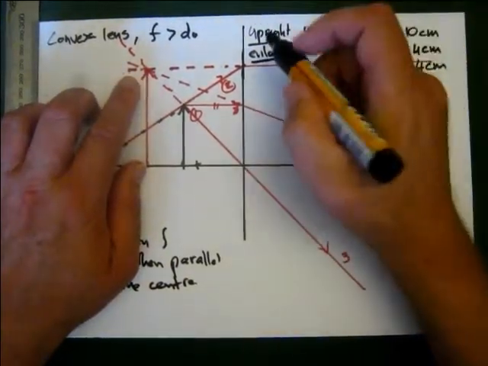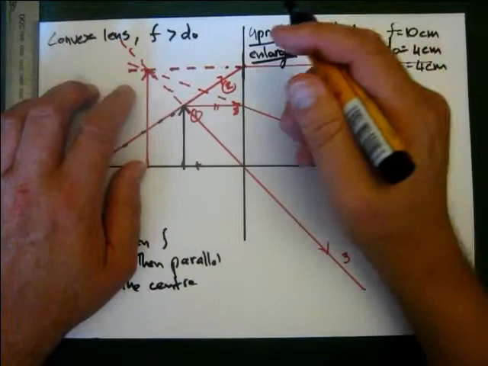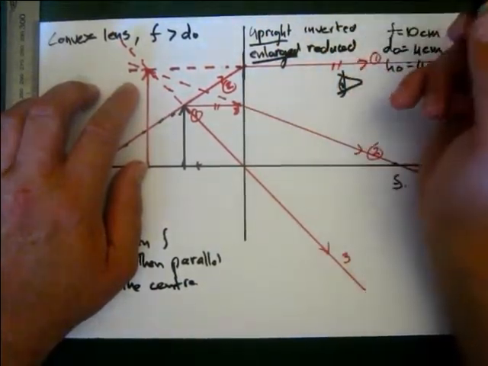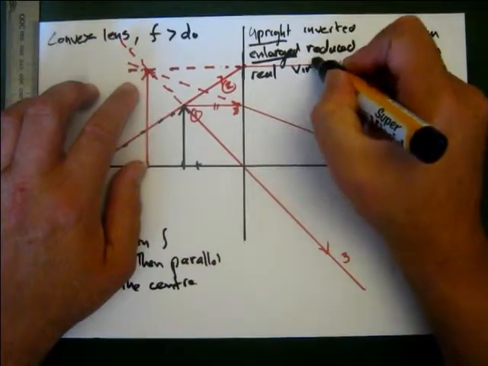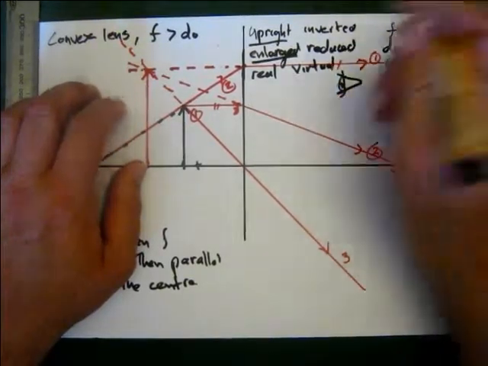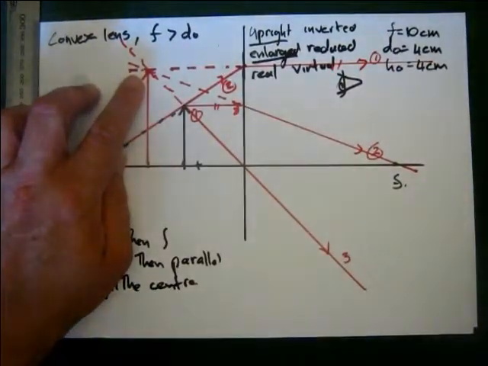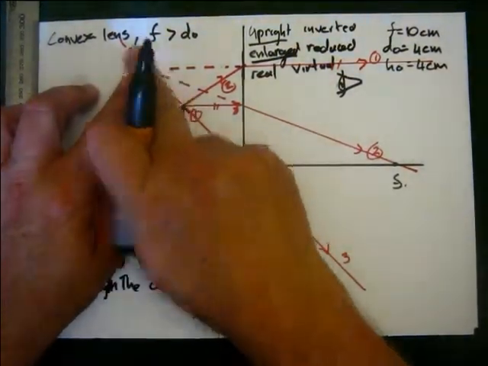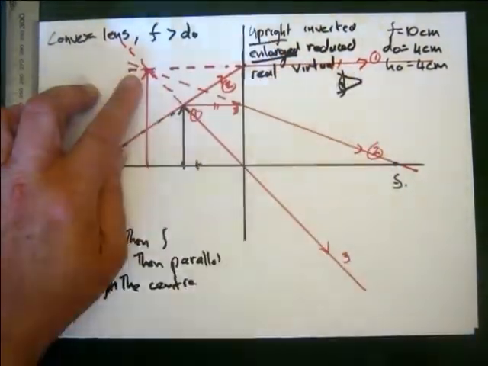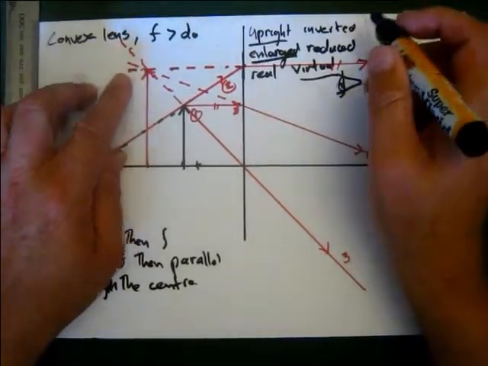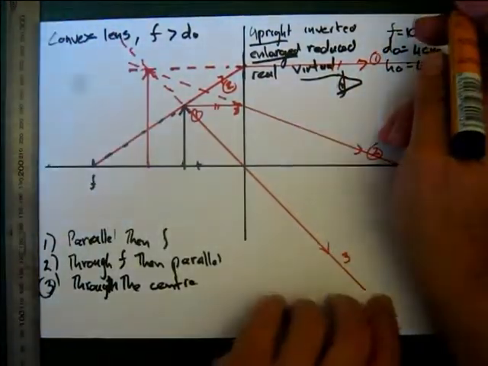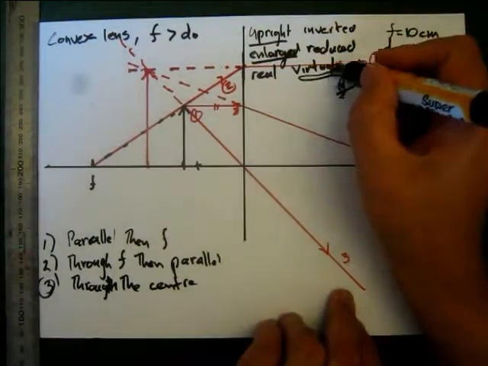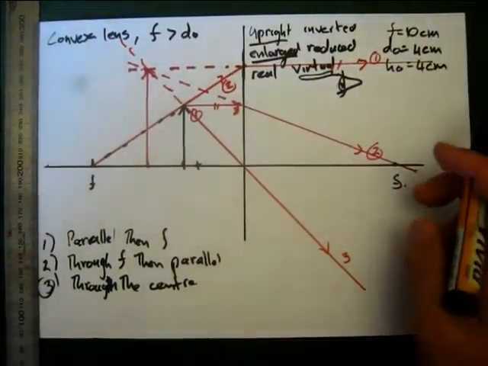This is why it's a magnifying glass. The image on a magnifying glass always looks bigger. And then real or virtual. Can I put a piece of paper here and shine the image on it? Looking at this, in fact, we have to use dashed lines to make the image. It means it's virtual. We cannot physically stick a piece of paper there and shine an image on it. Don't believe me? Go grab a magnifying glass and check for yourself.